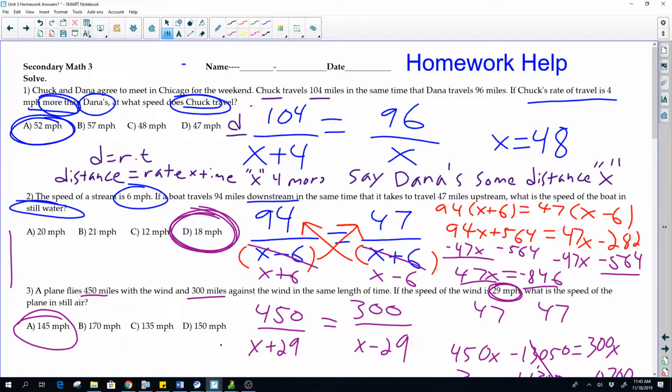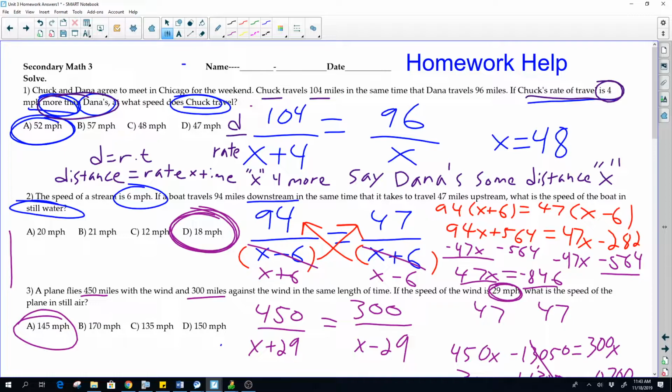And so that's in our word problem. If Chuck's rate of travel is 4 more than Dana's, so we'll say Dana's is X, and then Chuck's is X plus 4. Cool. And Chuck's distance was 104, and then his rate, right?